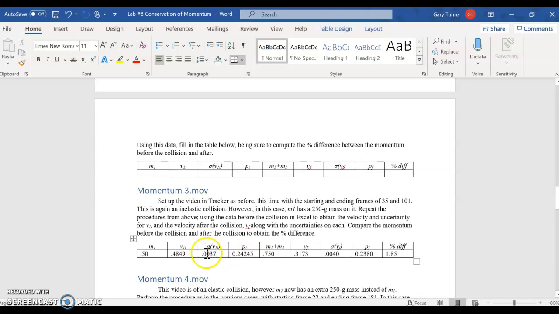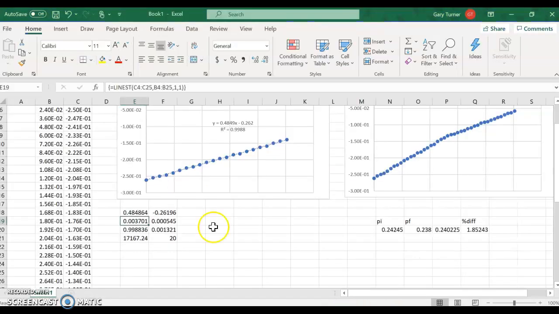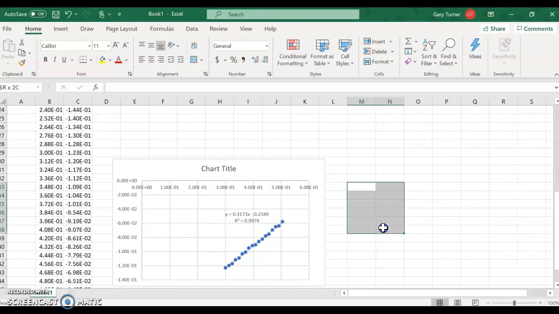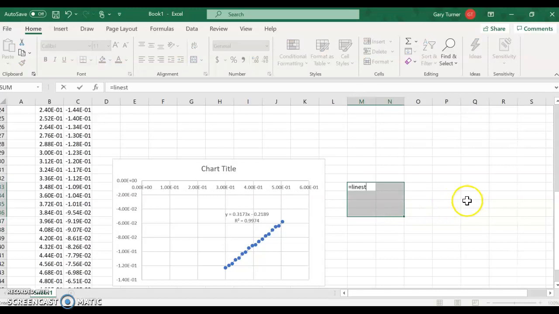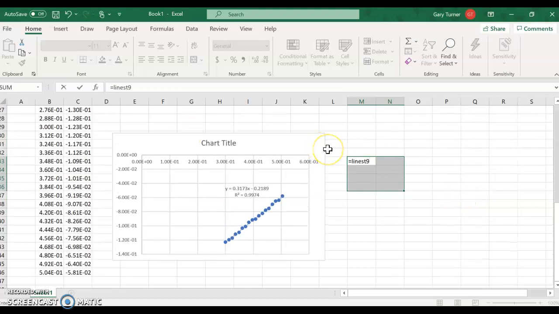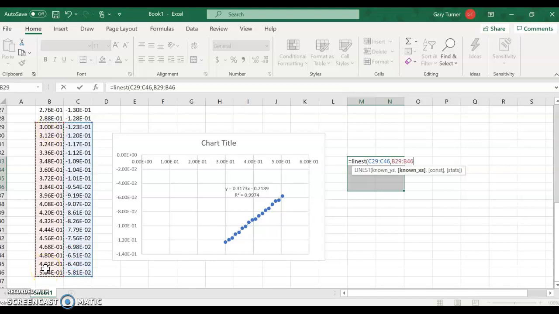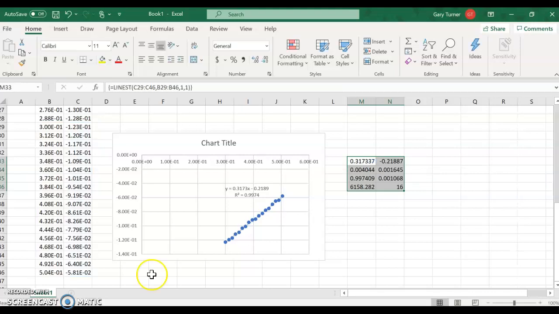And if you do a LINEST function on the final slope, right, on the data down here, you'll find that it is given by, oh, no, I want open parenthesis, not 9, open parenthesis, 1, comma 1, close parenthesis, Control-Shift-Enter.